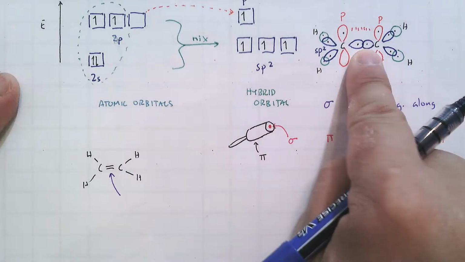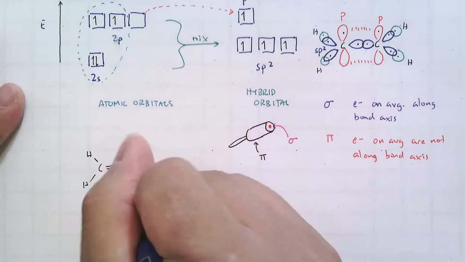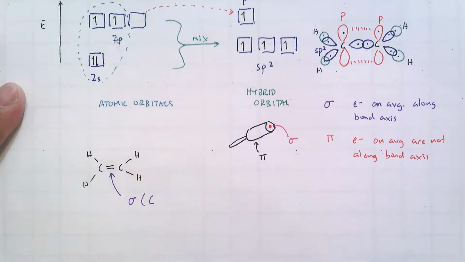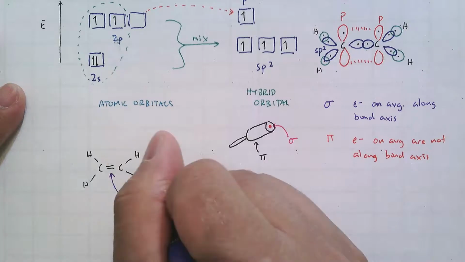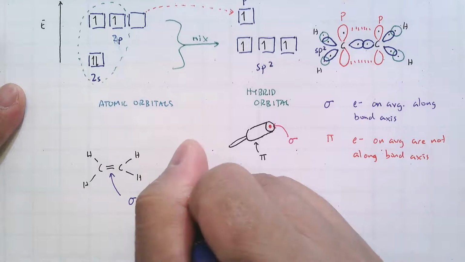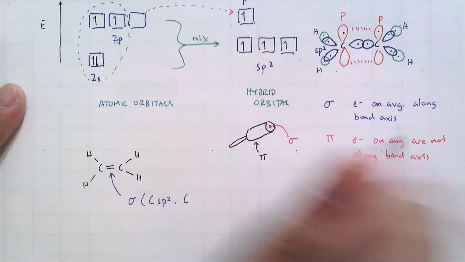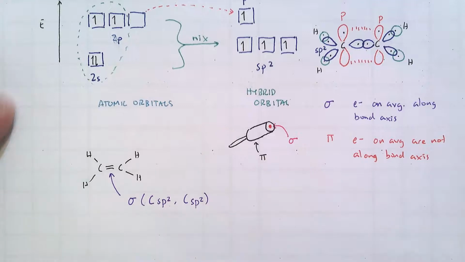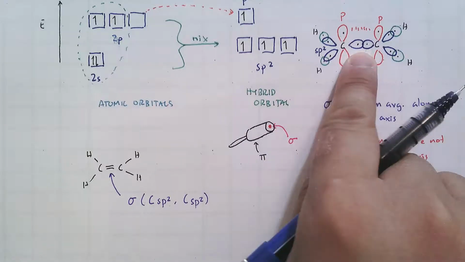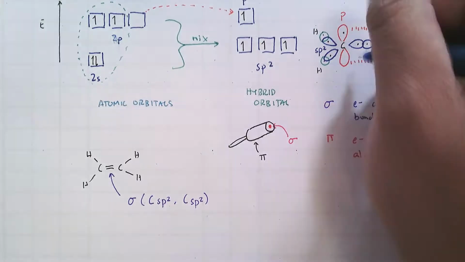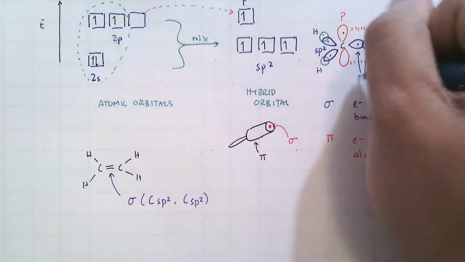Looking at this picture in the upper right, we have a sigma bond that is created by a carbon, and then some people use subscripts. I probably won't. So sp2 overlapping an orbital from carbon that's also sp2. You see how that works? I'm literally reading this picture here. sp2, sp2, right? These two are sp2.